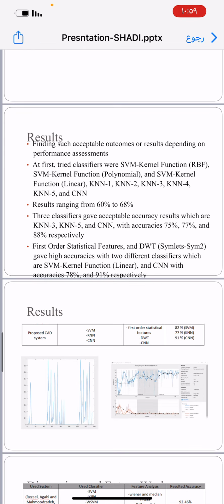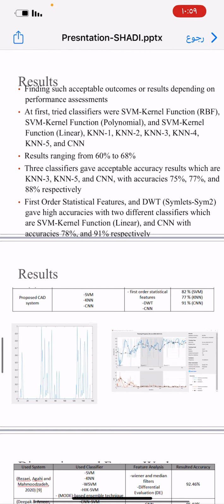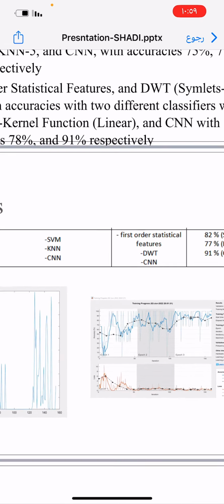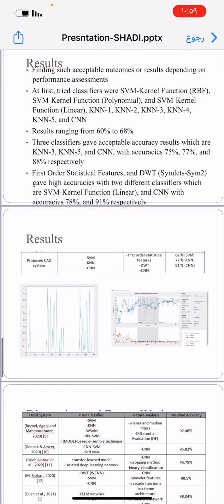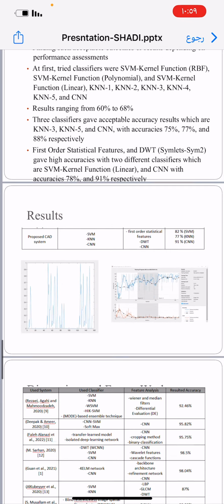However, the best results have been reached with SVM, KNN, and CNN. SVM is support vector machine, KNN is K-nearest neighbor, and CNN is convolutional neural network. For feature extraction, DWT has been used. The accuracy results are 82% with SVM, 77% with KNN, and 91% with the CNN classifier.